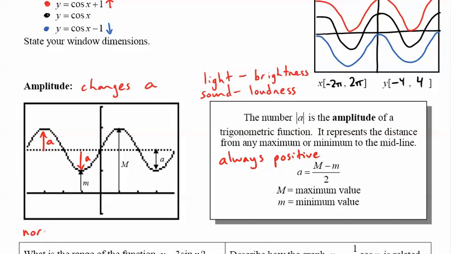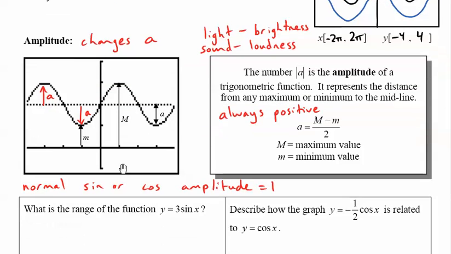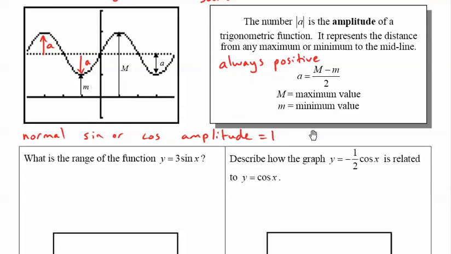And for a normal sine or cosine, the amplitude is 1. Because we go from negative 1 to positive 1. So the first example is y equals 3 sine x. Do you know what the amplitude of that wave is?